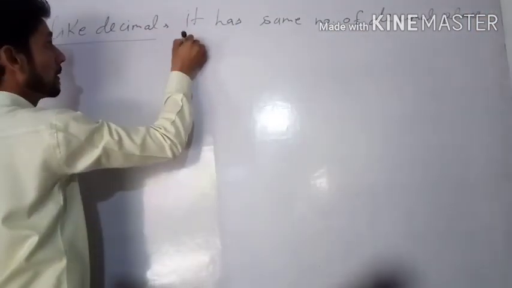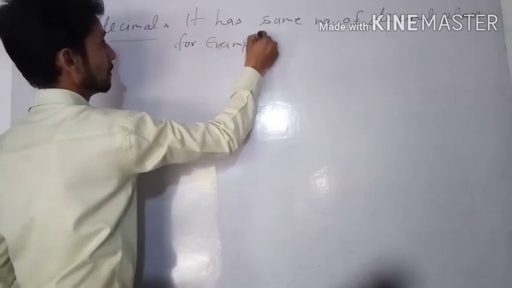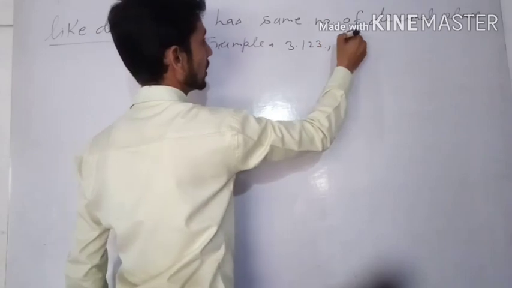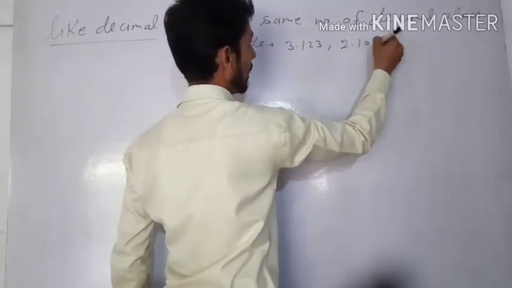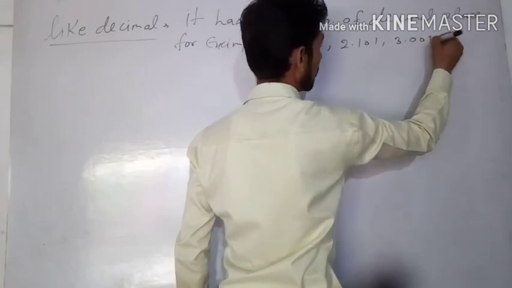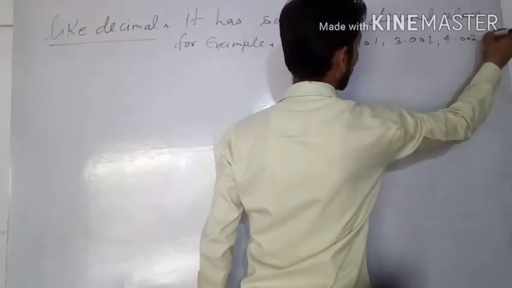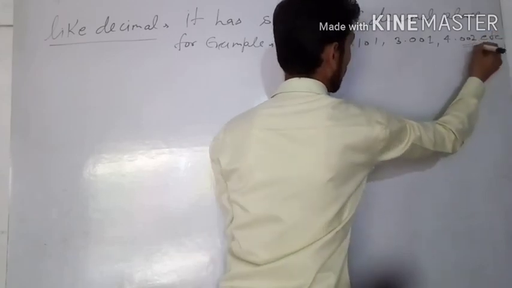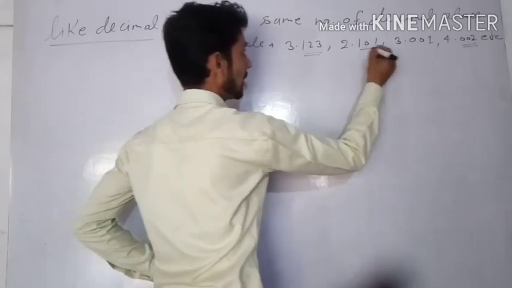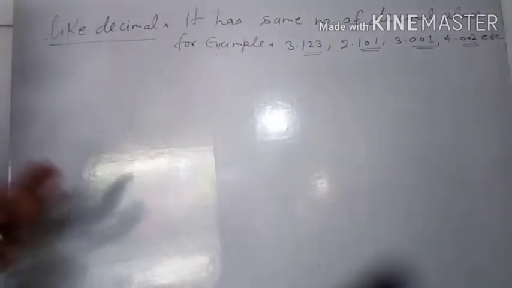For example, 3.123, 2.101, 3.001, 4.002, etc. After the decimal, 3 digits are there. So decimal places are equal.